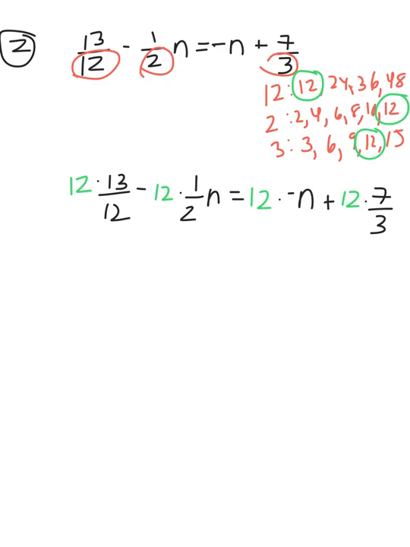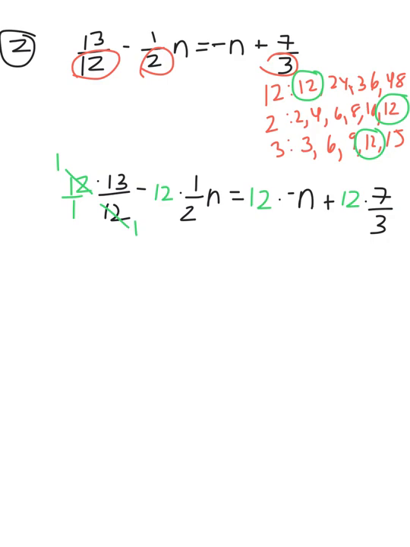So everything is getting multiplied by a factor of 12. So when I go to multiply 12 times 13 twelfths, I'm going to picture 12 as being 12 over 1. And I'm going to cancel on the diagonals. So 12 and 12 have a common factor of 12. When I divide out, that gives me 1.